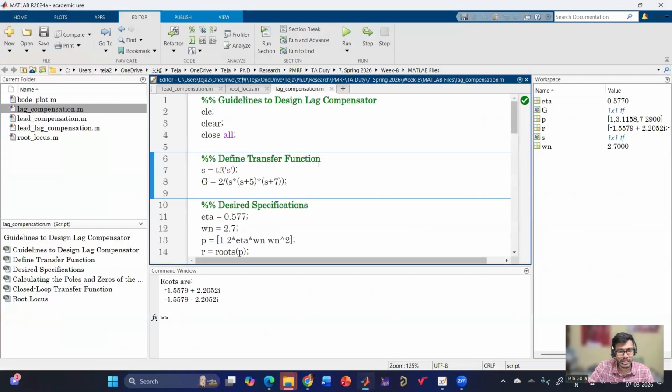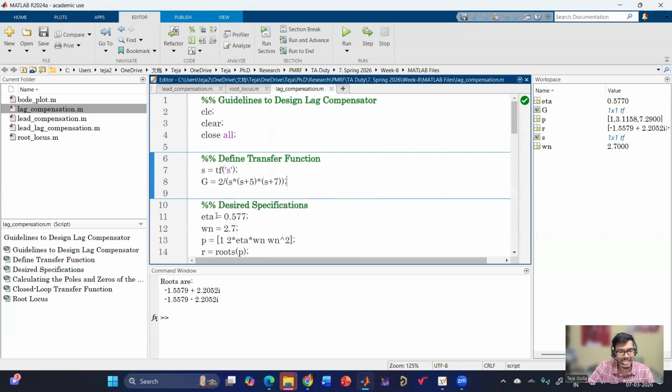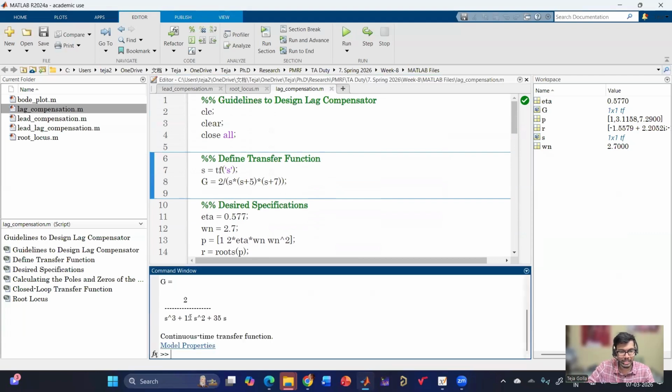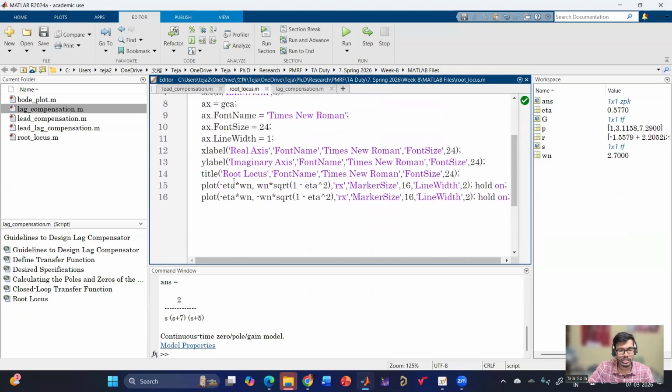So let me quickly check the root locus of this G. Now my G is what? If I do ZPK of G, this is 2 by s into s plus 5 into s plus 7. I'll be using the same root locus, but now I don't have G into GC, so I'll be plotting this G. Along with that, I'll be plotting minus zeta omega n plus or minus j omega n into square root of 1 minus zeta squared. So let me do that.